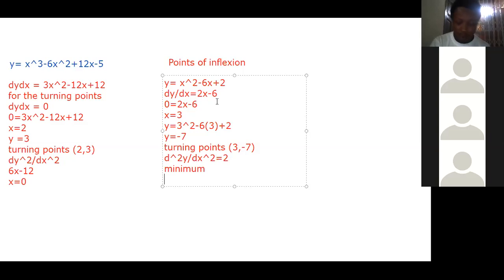Now from here we are going to do applications of minimum and maximum. So that is it. I hope I can clear the board.